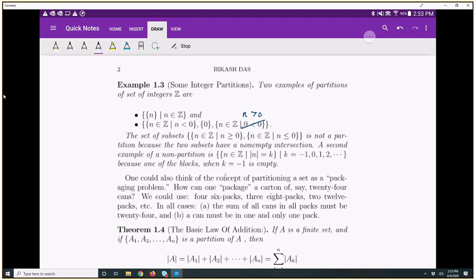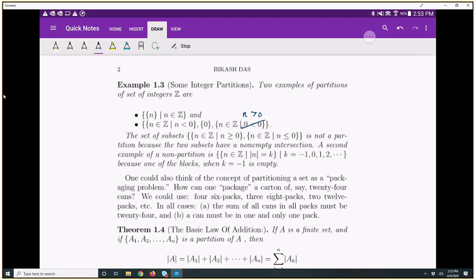Another way that we could fail to be a partition, let's look at this set. {n in the set of integers such that the absolute value of n is equal to k}, and we let k run from -1 up. It's every integer from -1 up.